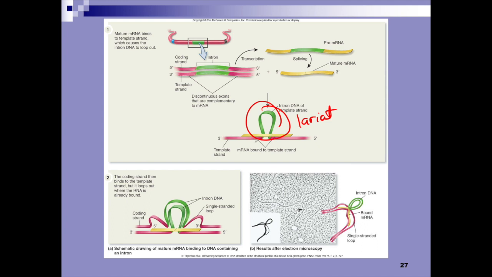The lariat is formed when the spliceosome proteins come together and pull these 2 regions right here and right here. You're going to pull those together. These are known as the 5' splice site and the 3' splice site. And they are RNA sequences that are recognized by the spliceosome.